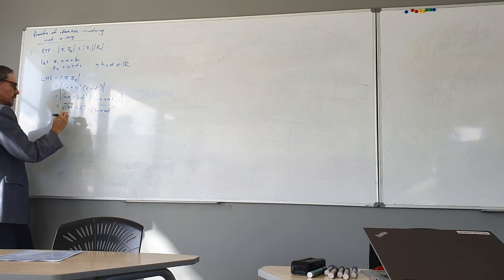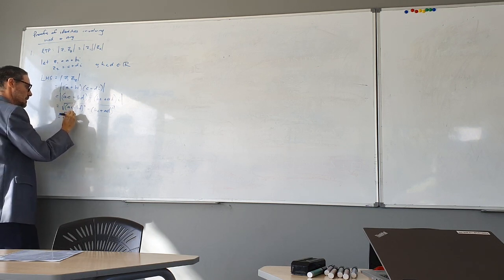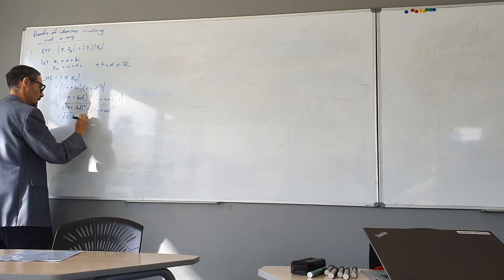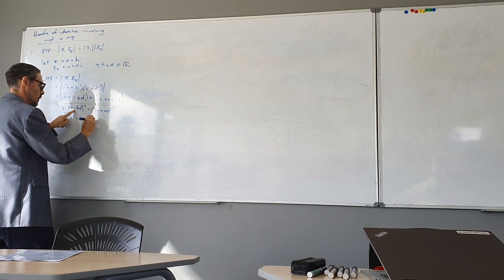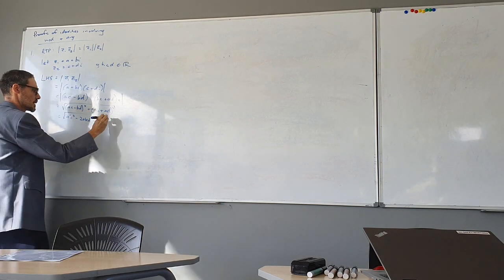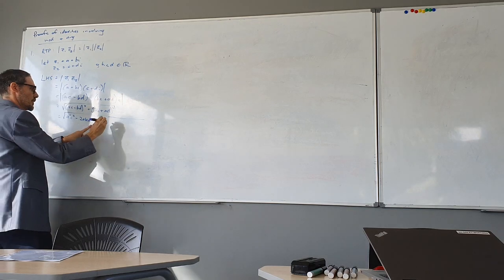What have I got? a squared c squared minus 2abcd plus b squared d squared plus, it's long.